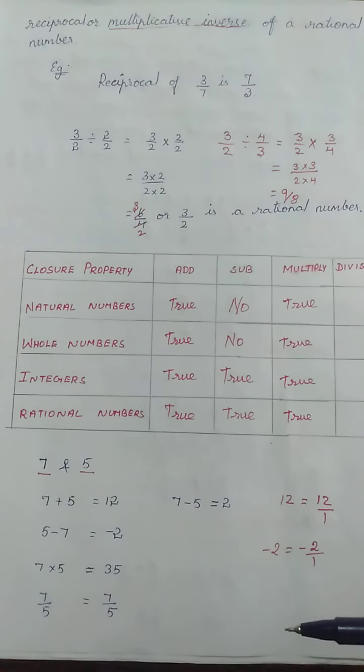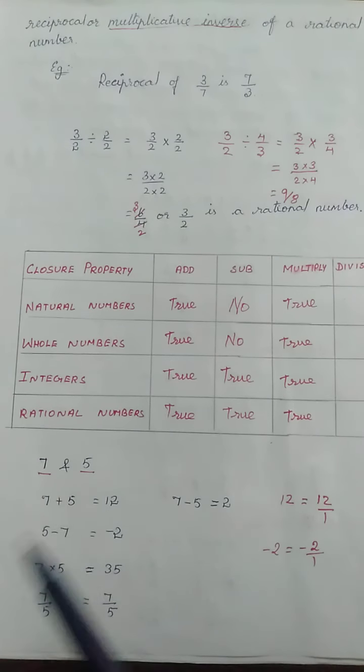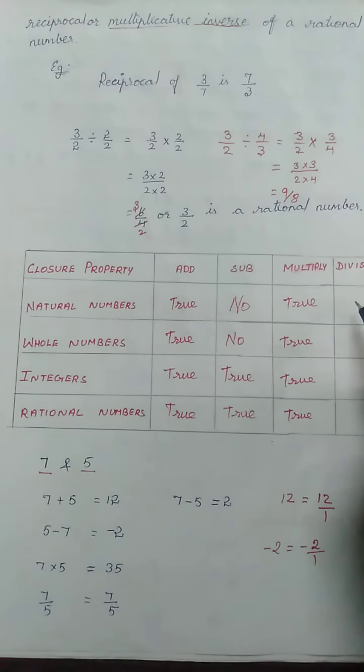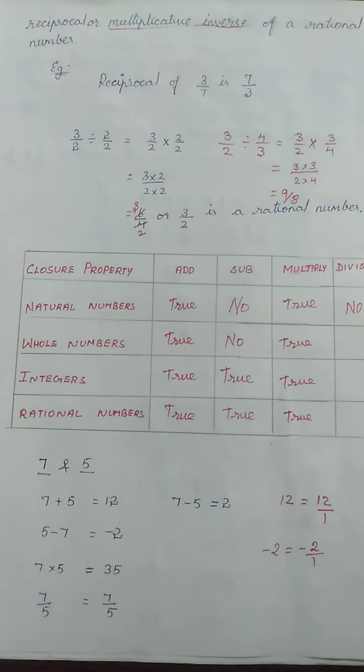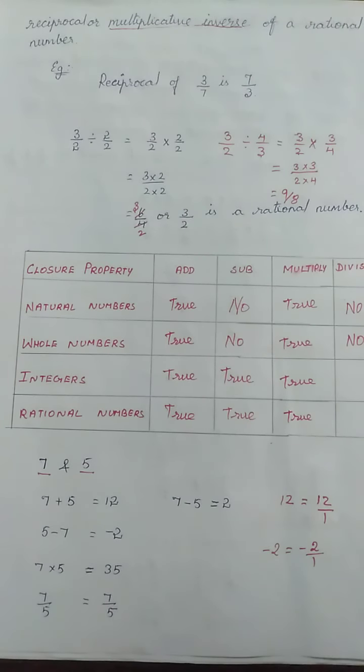Next we'll go for division. So the same numbers 7 and 5. I'm going to divide 7 by 5, which will give you 7 by 5. Is 7 by 5 a natural number? No, it's not a natural number, because a natural number will be a complete number. Is 7 by 5 a whole number? Again, it's not a whole number. Is 7 by 5 an integer?